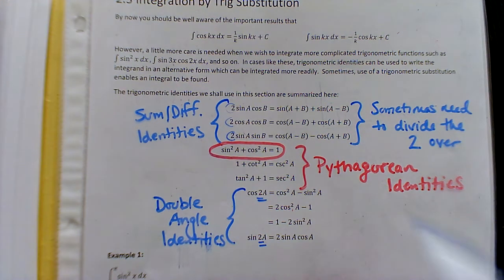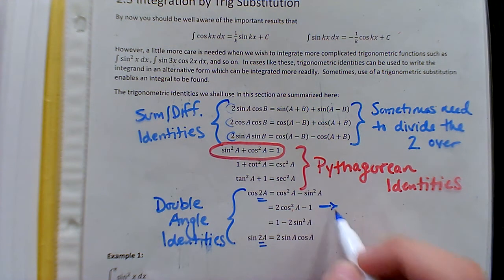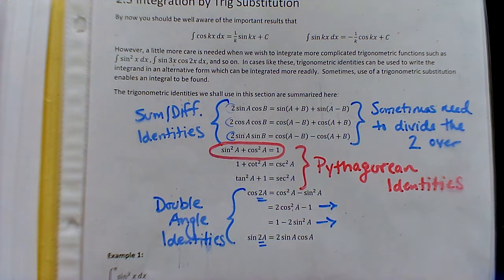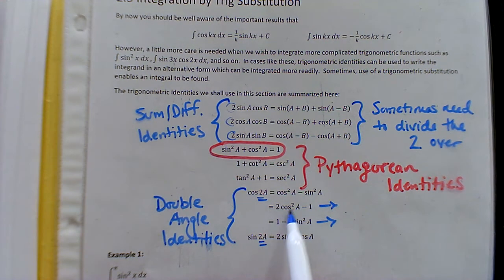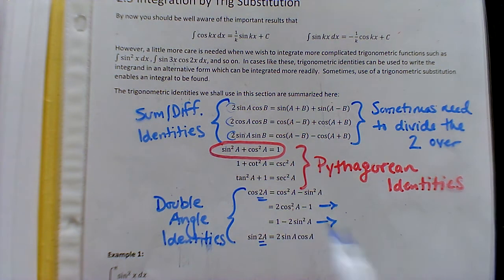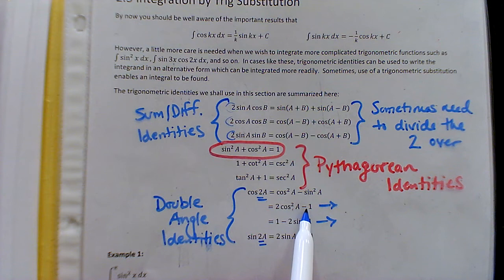Again, just as another note, sometimes we might see cosine squared of a within an integral. If you were to solve this cosine squared a portion for itself, you'd have to subtract 1 to the other side.